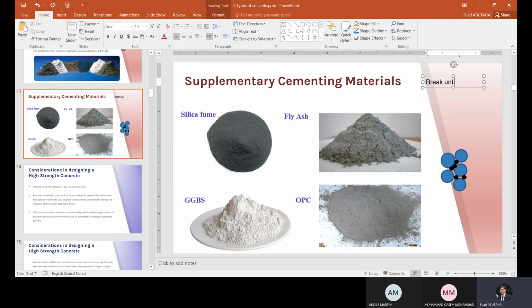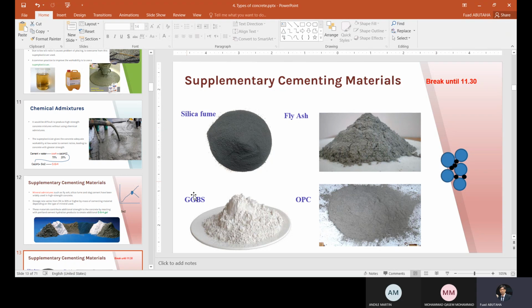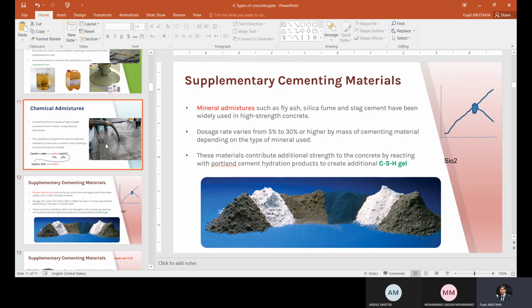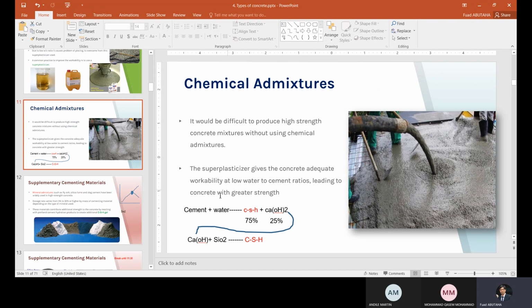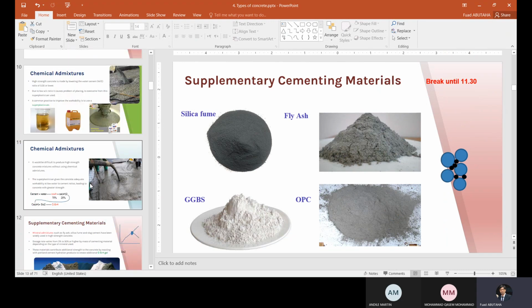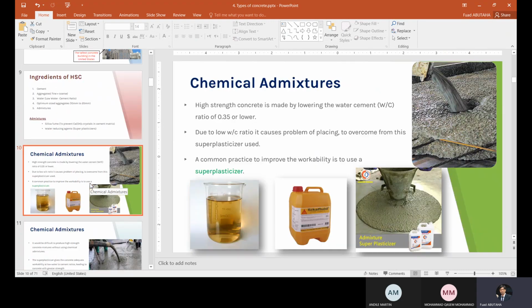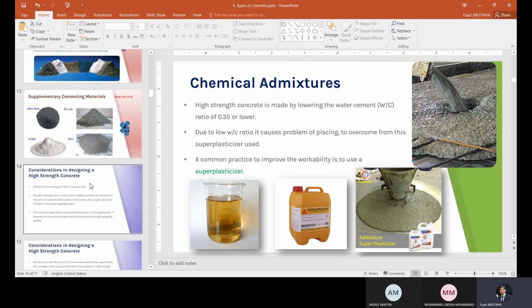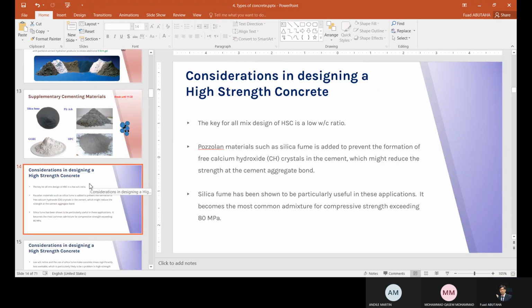Improve the strength of concrete from the chemical perspective and from the filling effect of the particle size, and also the water content and the use of superplasticizer, and how it affects the strength of concrete.